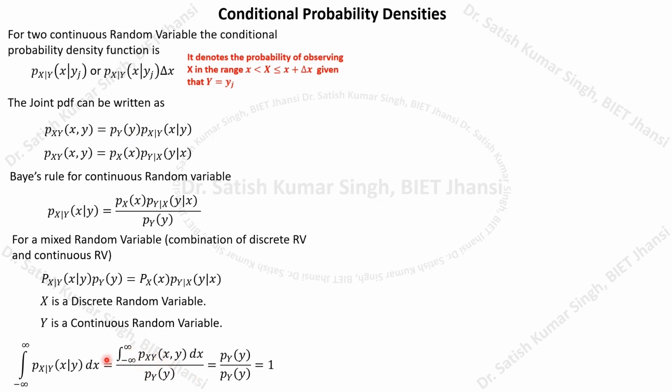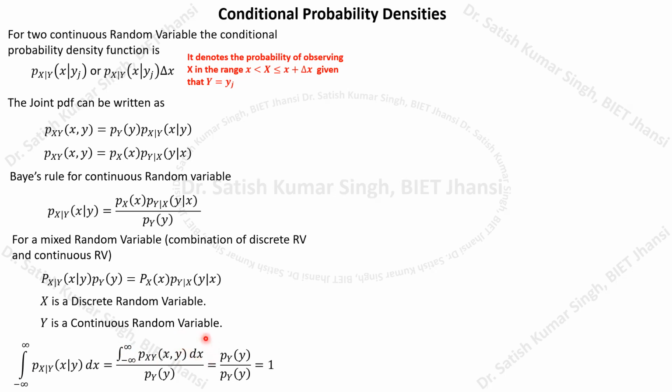Once we perform this integration of the joint PDF, as I explained in the previous slide, because it is a probability density function, if we do this integration with respect to the variable x, we are going to get the marginal density function.